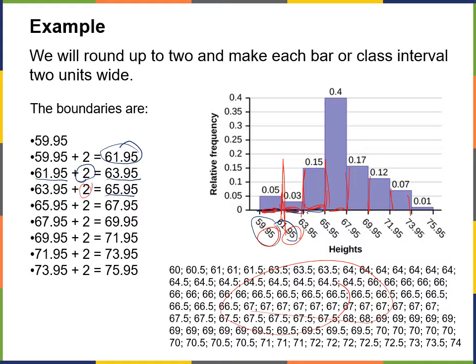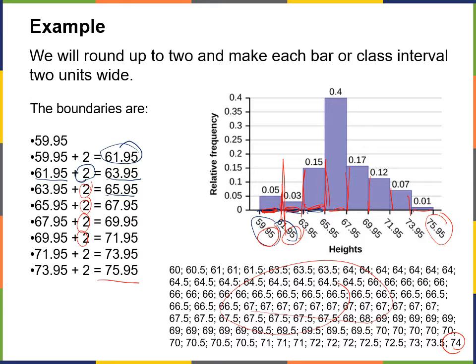And again, just keep adding 2, adding 2, adding 2, and you get all your boundaries. And we get all the way up to this last one, 75.95, which is well above where we said we wanted to go. We wanted to go to 74.05, but that's fine. We had to do that because of the rounding we did. We rounded up to 2, which makes this a little bit more expanded out. But all our data values will fit here.